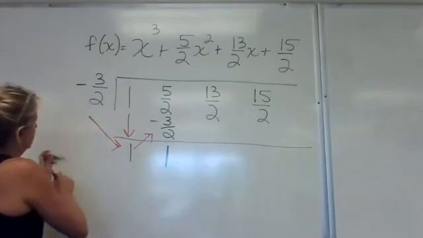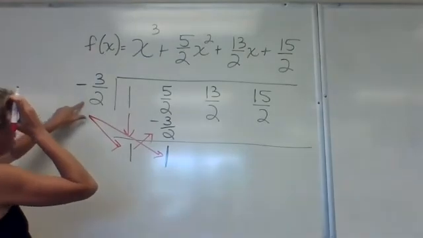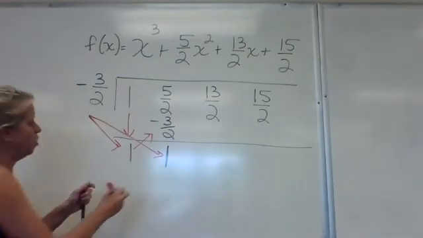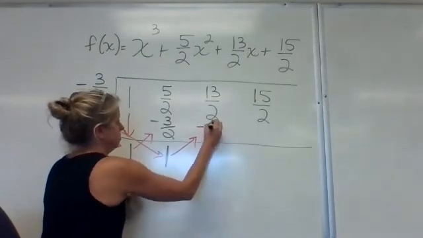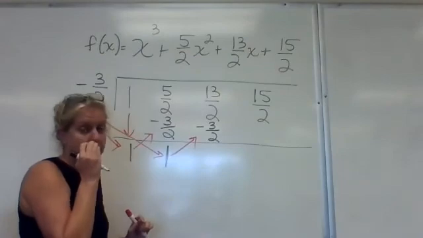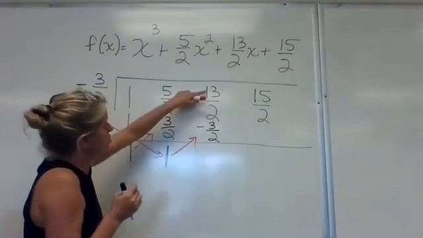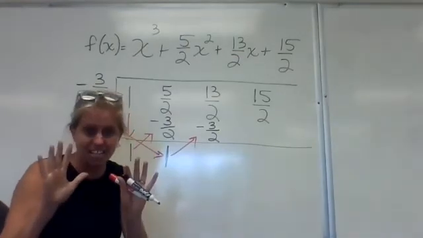Then start again. Still not too bad because I'm only multiplying times 1. So negative 3 halves times 1 gives me negative 3 halves. So again, I have the same denominator, so it's not bad. What do you get when you do 13 minus 3? That leaves you with 10.